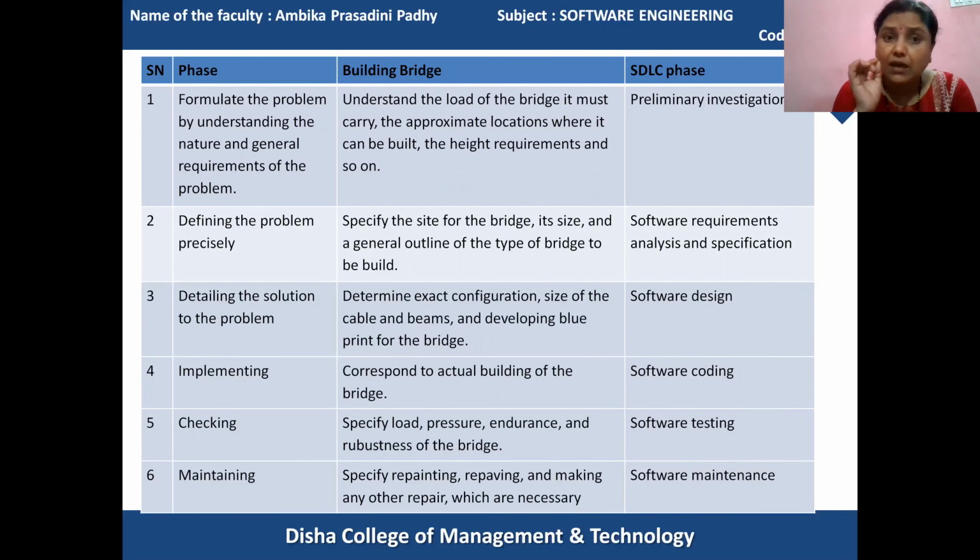Correct? When the work in hand is there, then we'll start the development process. The first development stage is software requirement analysis and specification in case of software development. Similarly, for constructing a bridge, we decide the right site for the bridge, what the size of the bridge will be, and the general outline for preparing it.